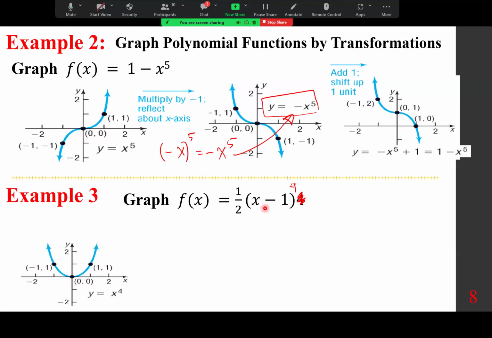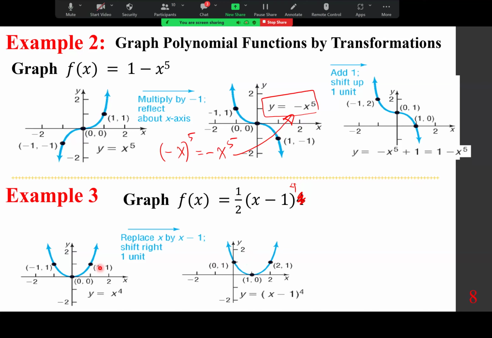We can use x minus 1, which means we are going to replace the x with x minus 1, which means we are going to shift it to the right by 1 unit. When we shift it to the right, the y coordinates of these 3 points remain the same, but the x coordinates go up by 1. So this one, negative 1, goes up by 1 and becomes 0. This 0 becomes 1. This 1 becomes 2. So the x coordinates, we are adding 1.